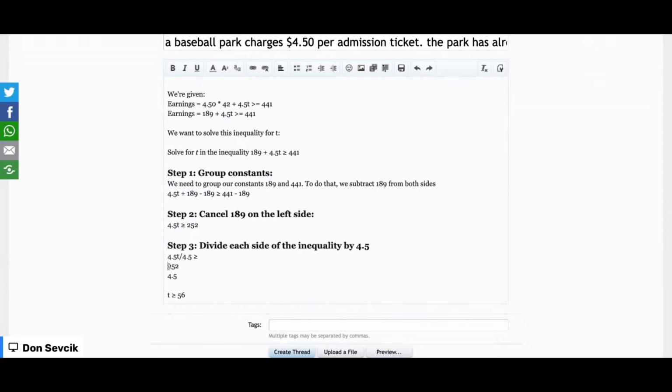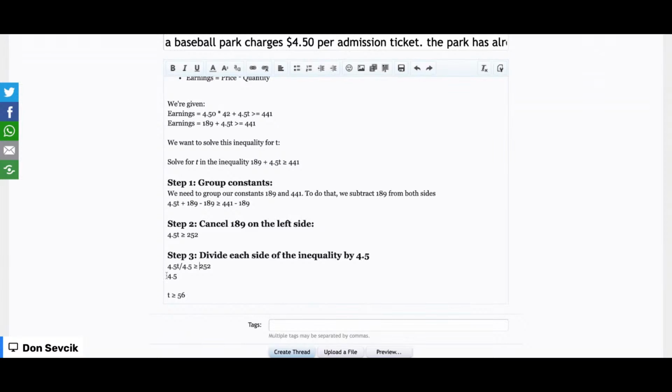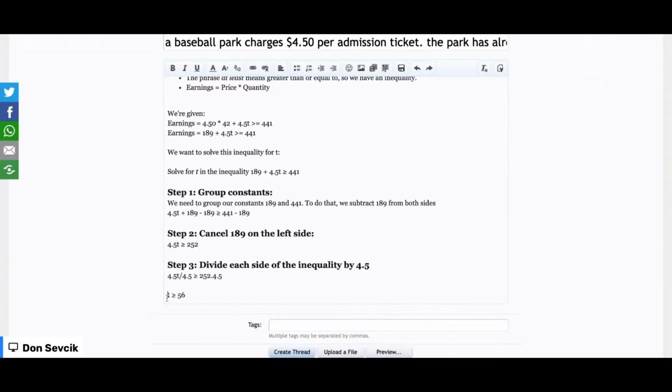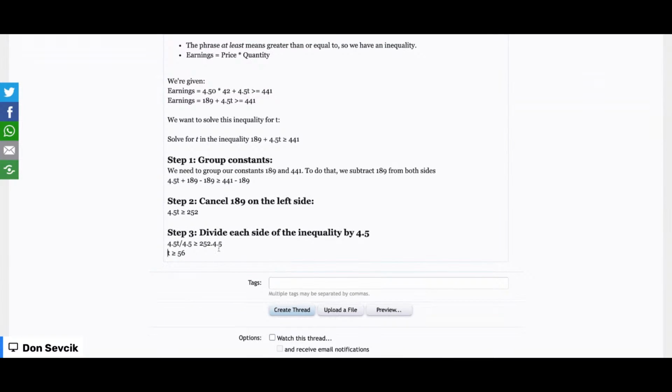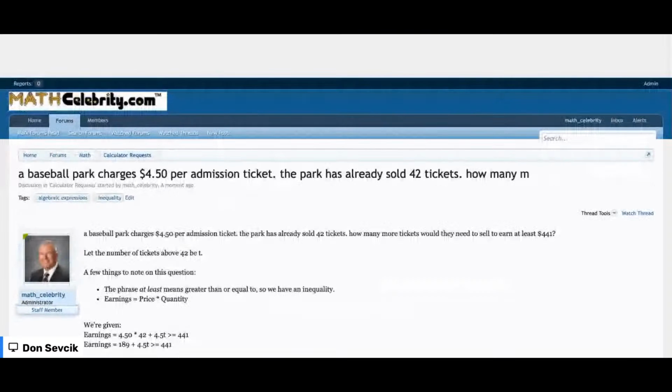Because we want to isolate t and get rid of the coefficient. When we do that and cancel the 4.5s, we get our answer, which means they have to sell at least 56 tickets or more to get their total revenue from the problem. So we had an algebraic expression and we had an inequality. That's that. All right, moving on.